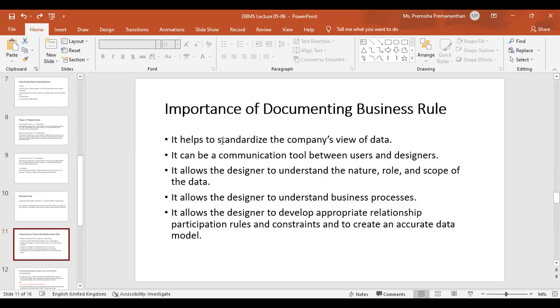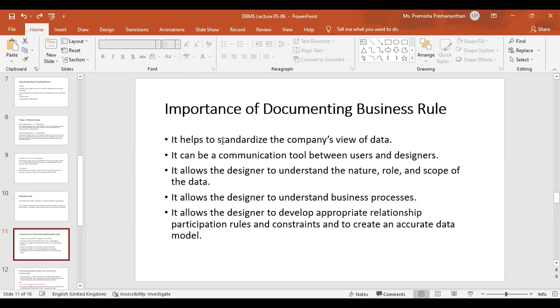So you have to document the business rules. It helps to standardize the company's view of data, and it can be a communication tool between the users and the designer. In the pilot system, users are the pilot managers and supervisors. The designer is the one who collects the data.